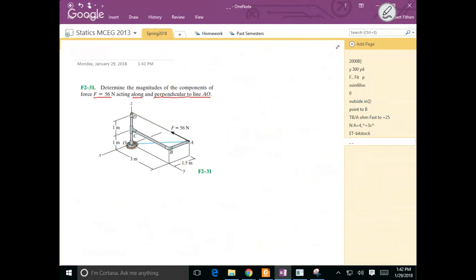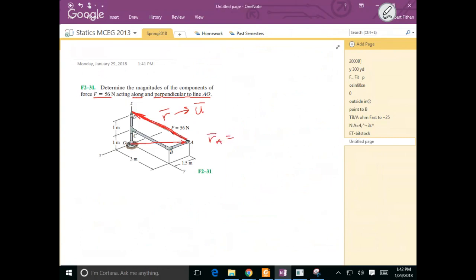So what I need to do is find a vector from here, an R vector, all the way from here to here, right? If I find this R vector, and then from that I find the unit vector, I've got it. So the first thing I'm going to do is draw a vector RA.